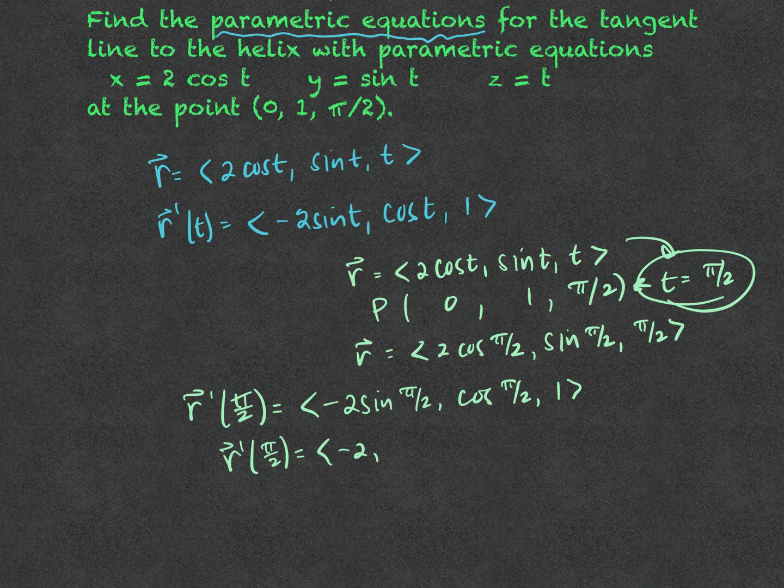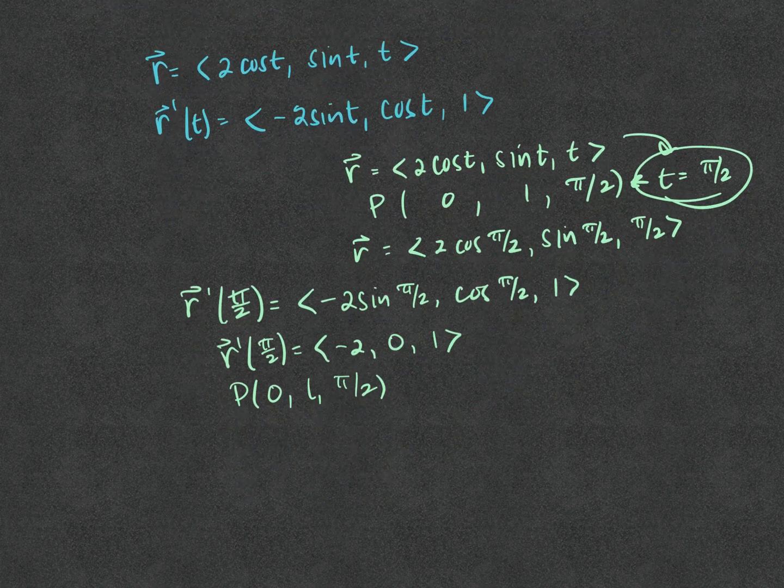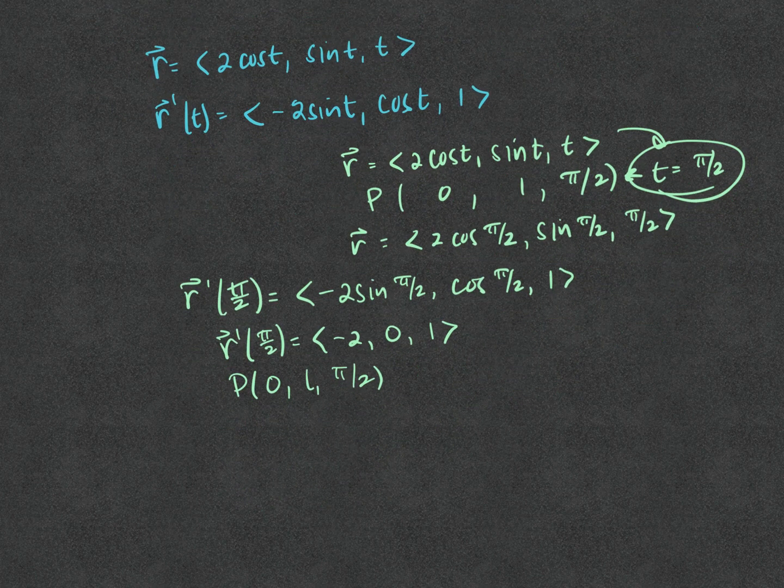Cosine of pi over 2 is 0, and then we have a constant 1 here at the end. And we also have the point (0, 1, pi over 2). So now we should easily be able to find our tangent line. Let's call it, nope, capital T is our normal tangent line. Normally we call our equation line R, so they didn't give us any fancy notation.